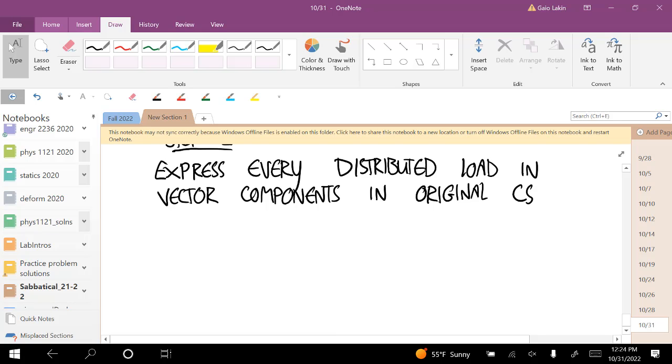So here's what we have after we calculated the external loads.